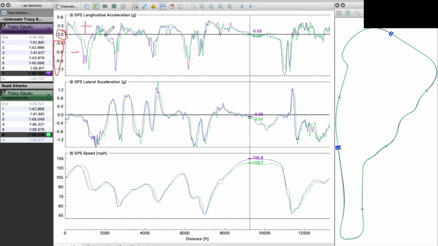All right, here's our 0 line, and anything above here is said to be an accelerating force with your foot, and in this case, the gas pedal, your throttle foot. Okay? Bottom of this, braking, right? Negative G with your foot.